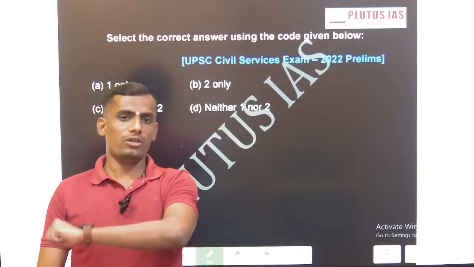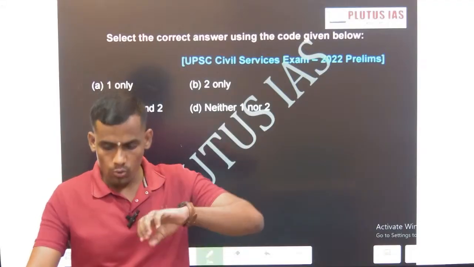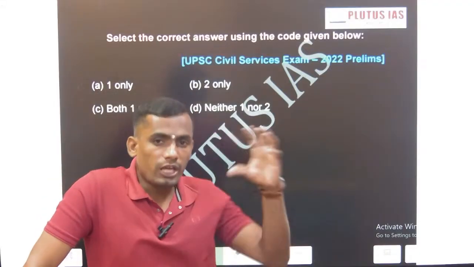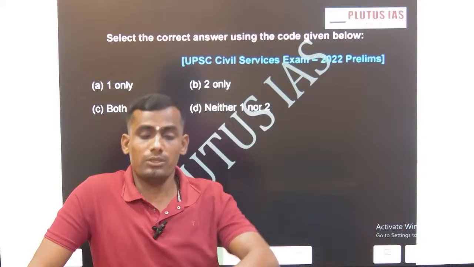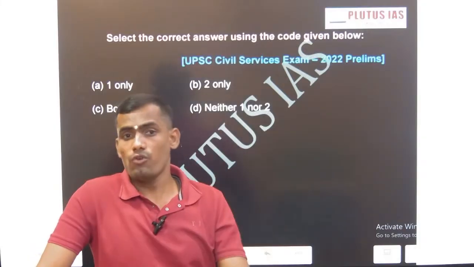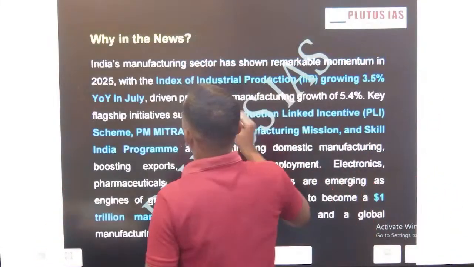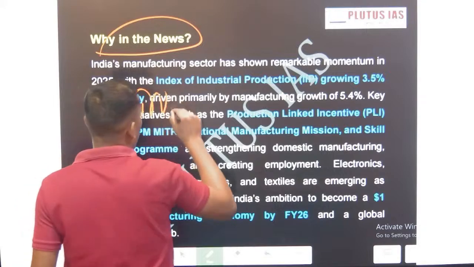And why is the manufacturing sector this important for India? I have already discussed how China has developed. China has become the global manufacturing hub. Similarly, if India wants to be a global manufacturing hub, then there is importance of manufacturing build-up.